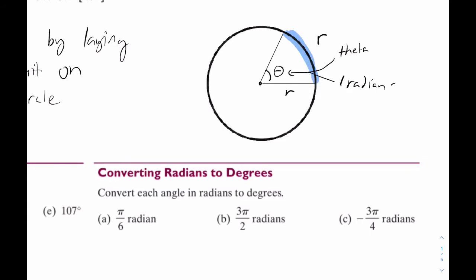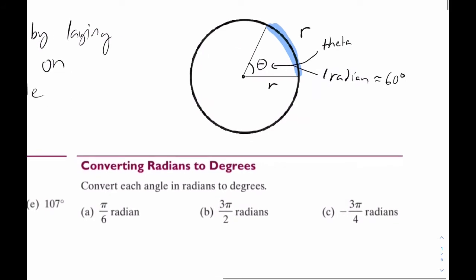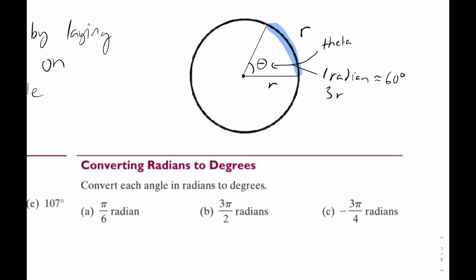And notice that this is drawn relatively to scale. So 1 radian is approximately 60 degrees. And what we do is we say 3 radians, that's approximately 180. And that's why pi radians is exactly 180 degrees.